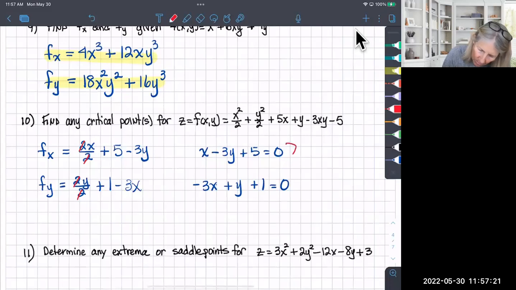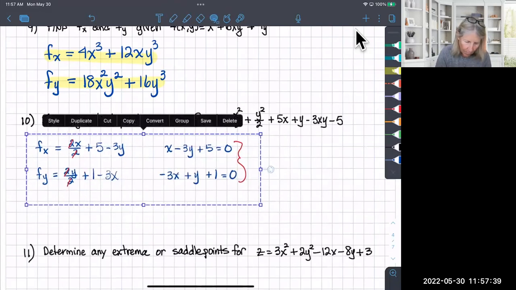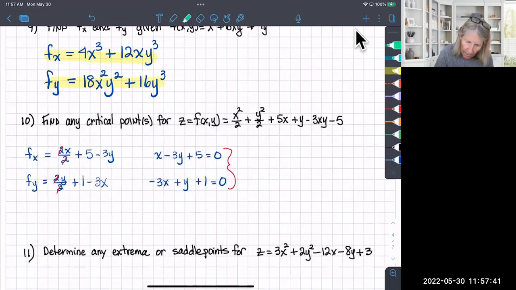So you set these equal to 0, and then you have to solve this system. You can solve it by substitution. You can solve it by elimination. Pick one of those methods to solve because you're looking for an ordered pair. I was thinking I might try a substitution method because I'm noticing this x in this first equation is almost by itself. So here's what I'm going to do.